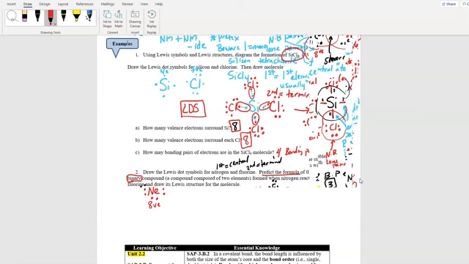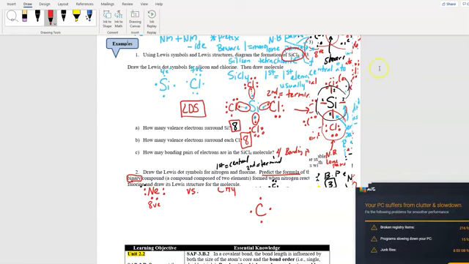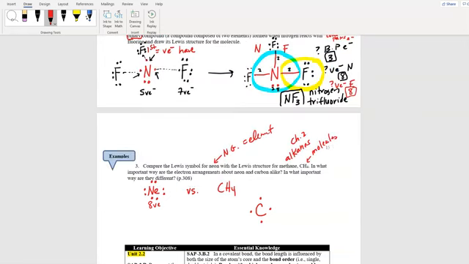But if I have carbon, versus CH4, how do I draw this? Carbon being the first element, he's going to be our central atom. Now if you notice on the periodic table, how many valence electrons does carbon have? And he has 4. So he's got 4 available spots to bond. And how many hydrogens do I have coming in?